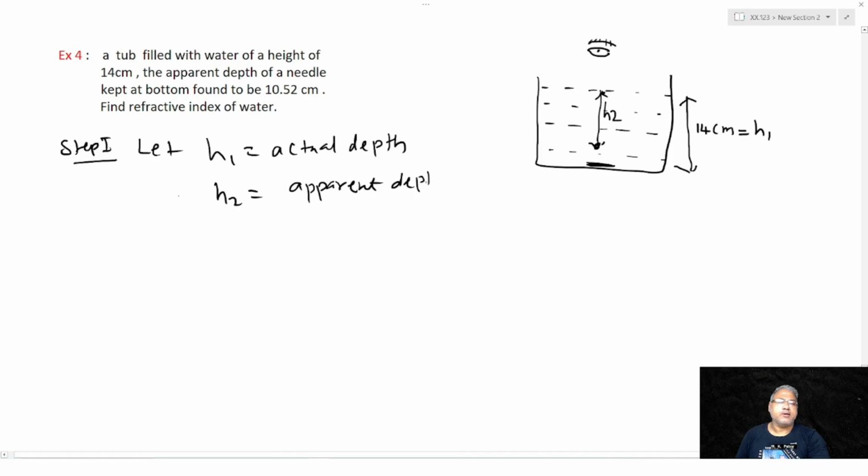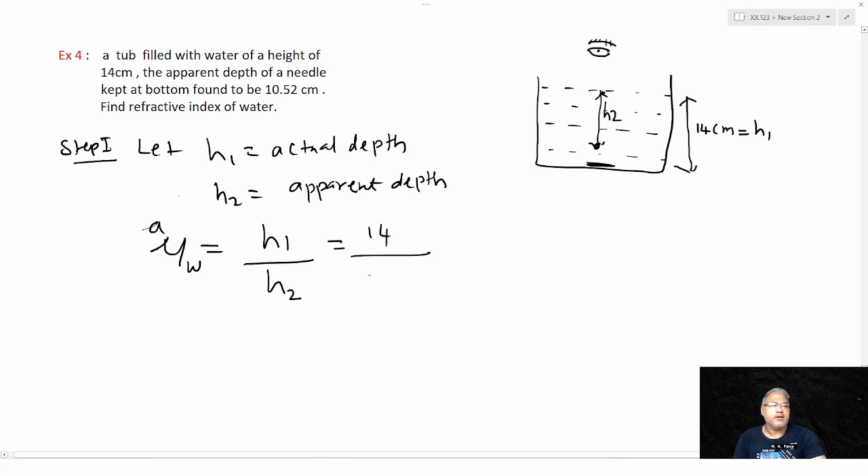Apparent depth means the one which is not real, which is an illusion. Now the refractive index of water with respect to air is actual depth upon apparent depth. So the actual depth is 14 centimeter, H1, and the apparent depth is H2, 10.52 centimeters.